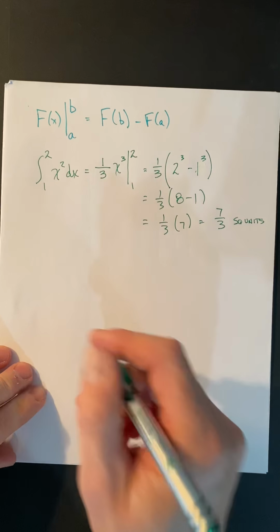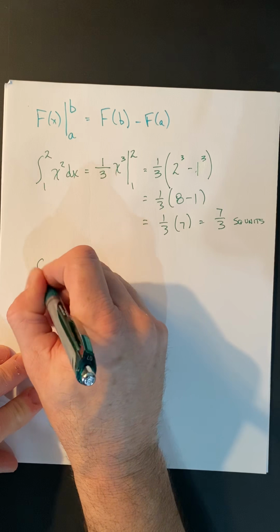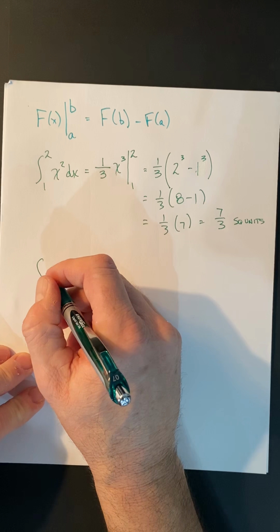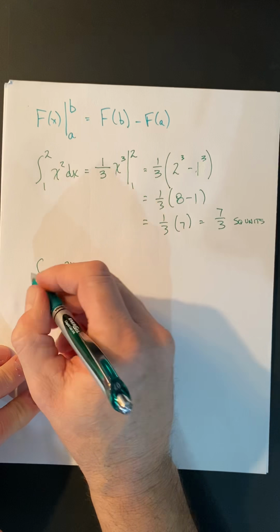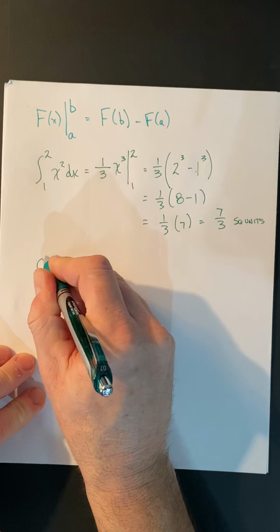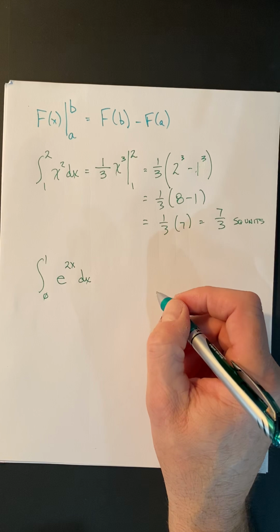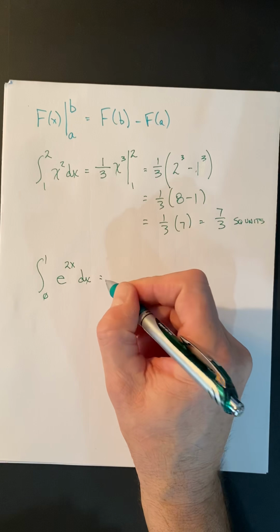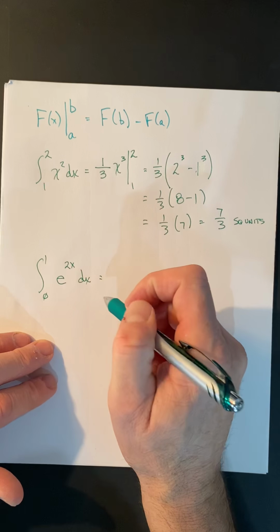Let's look at, how about, let's integrate e to the 2x, and let's go from 0 to 1 on this example, okay? So what is the result of integrating an exponential function?